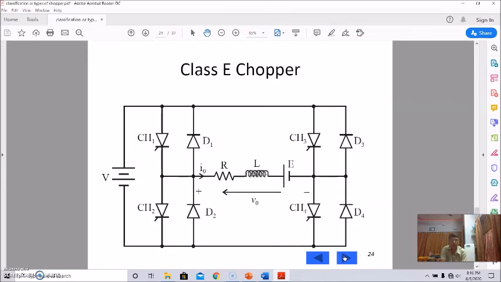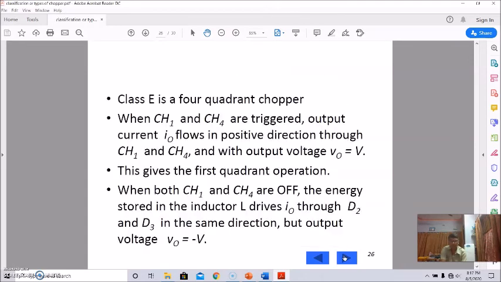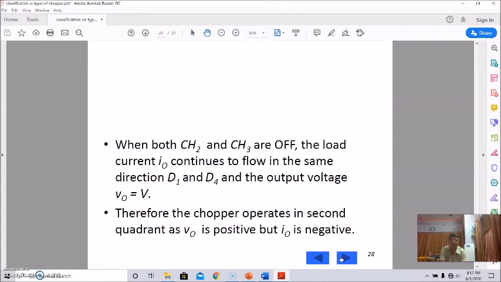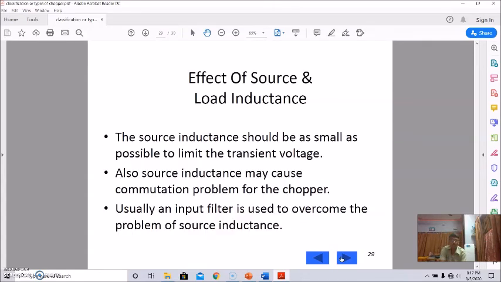And then we have also discussed the class E chopper, which is a four quadrant operation of choppers, how it is operated in the four quadrants, that is quadrants 1, 2, 3 and 4. We have also discussed the effect of source and load inductance in chopper operations. And lastly we have discussed multi-phase choppers.